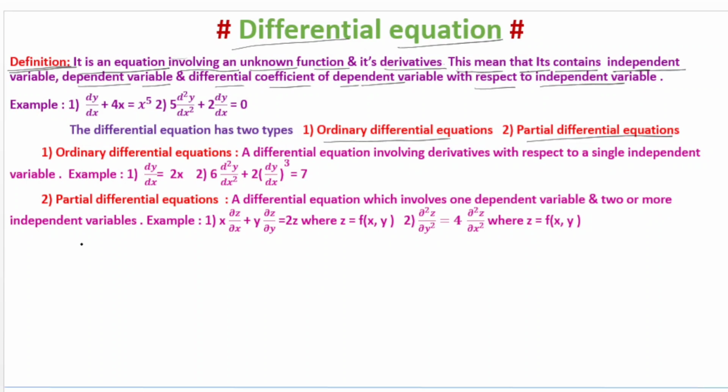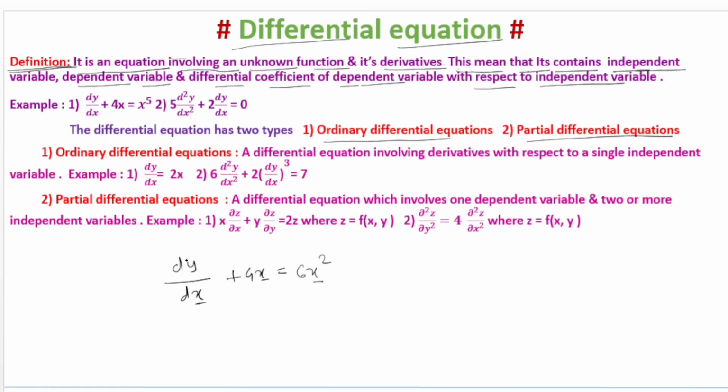For example, take dy upon dx plus 4x is equal to 6x square. Here x is the independent variable.